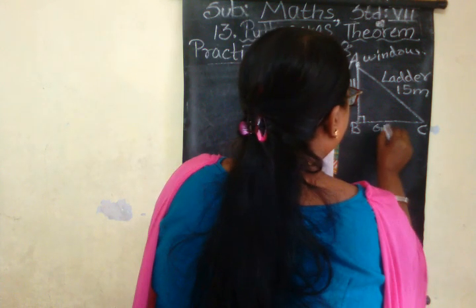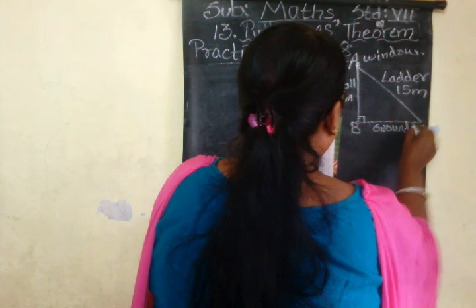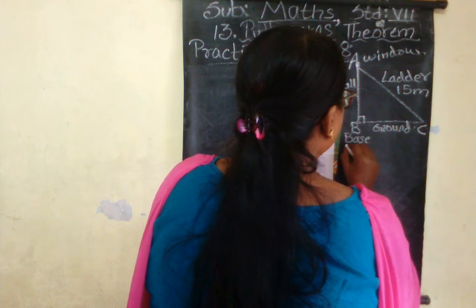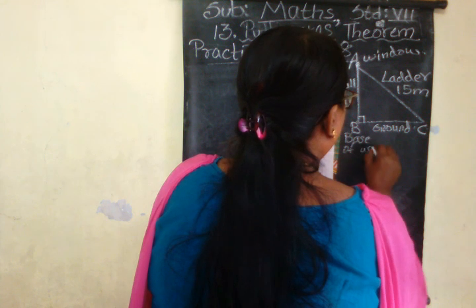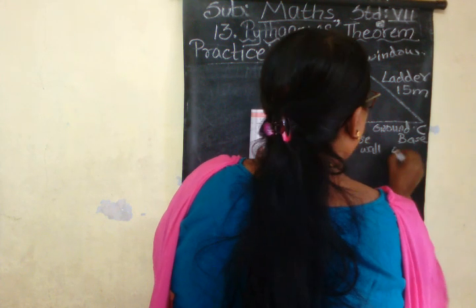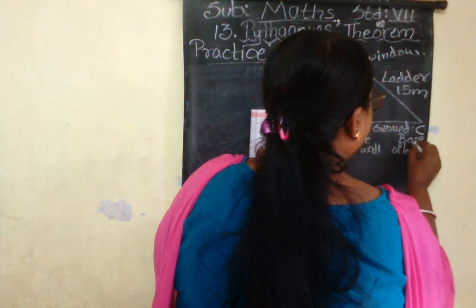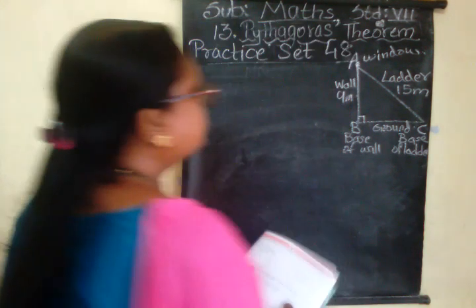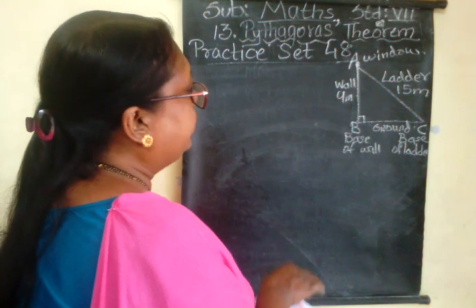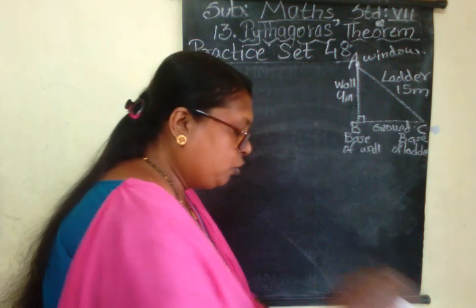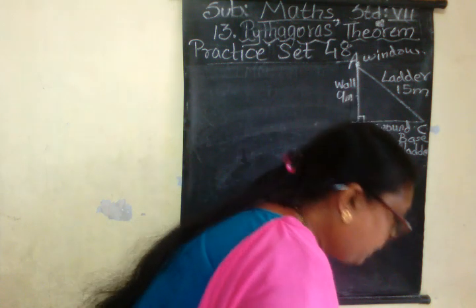BC is the ground. This is the base of the wall, whereas C is the base of the ladder. So this is the figure representation. You have to find the distance BC, that is the base of the right angle triangle.